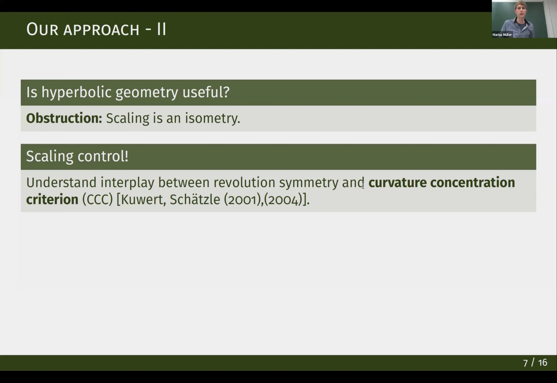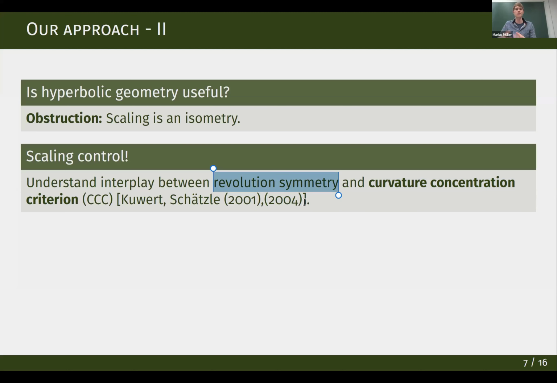I will later tell you what this criterion precisely is, but basically this can be used to obtain the scaling control. This criterion characterizes the behavior of the Willmore flow at a singular time.